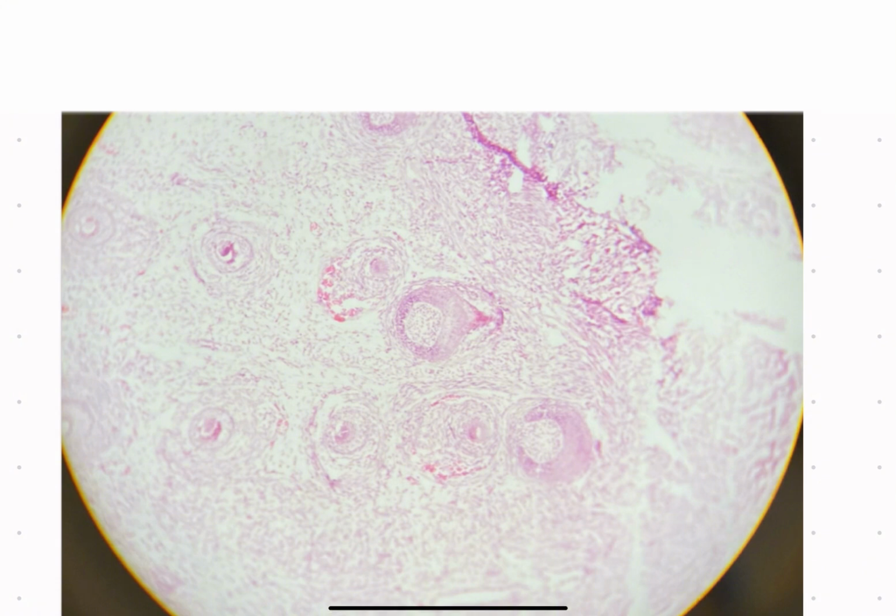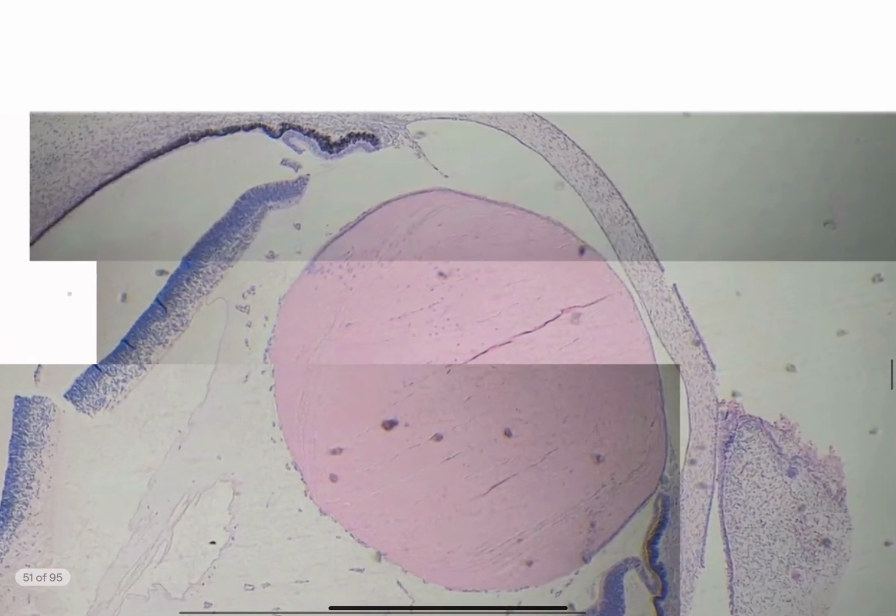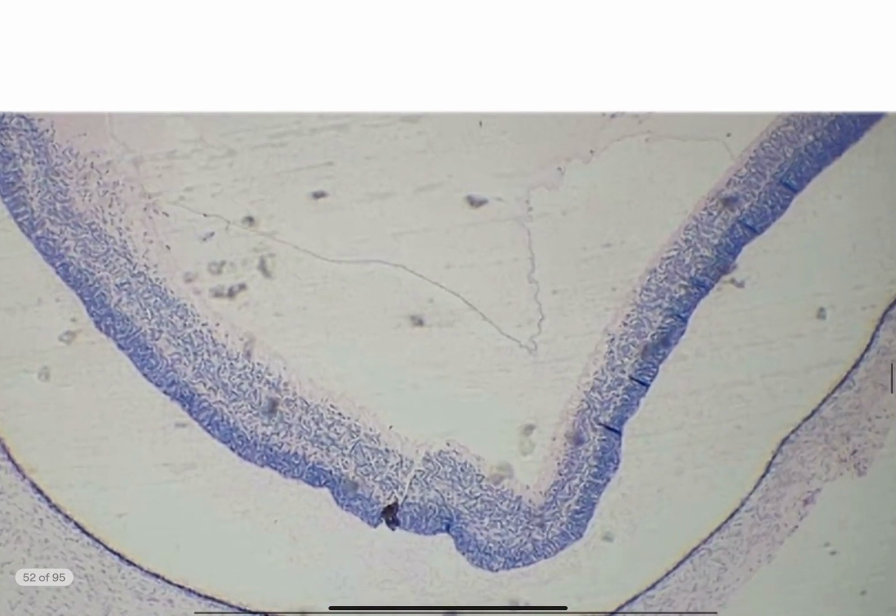All right, moving on towards the next slide. Let's see here. Here we go. This is what that slide looks like under the microscope. We're going to zoom in towards the bottom area here to see something like this.